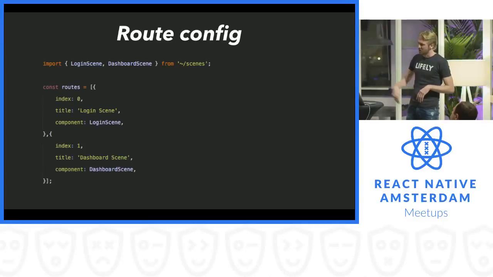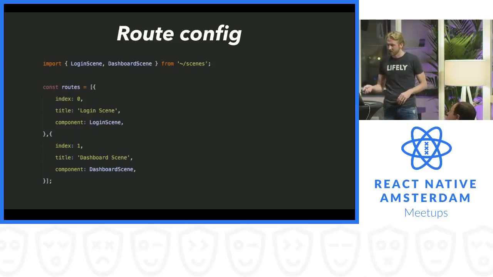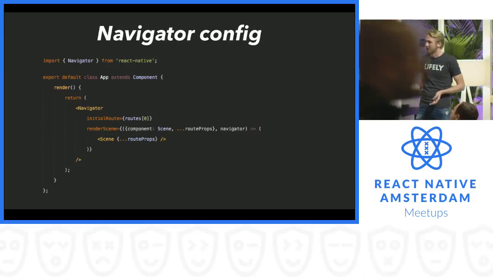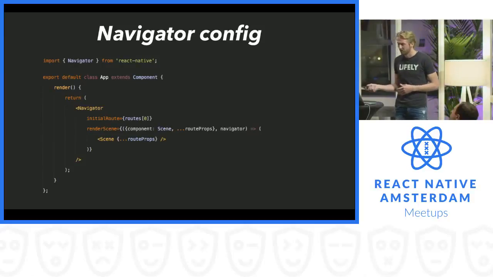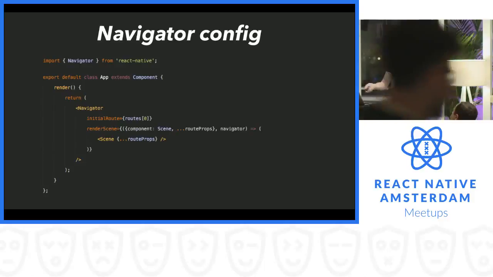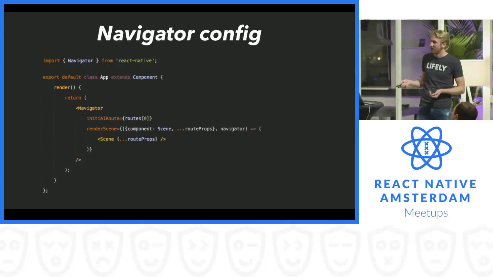So first off, you would start with configuring a bunch of your routes, maybe like this. After that, you would implement the Navigator and provide an initial route, provide a render scene method, and the component that you provided with the route would be rendered here in the render scene method.